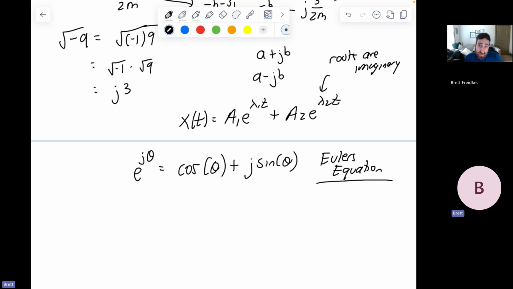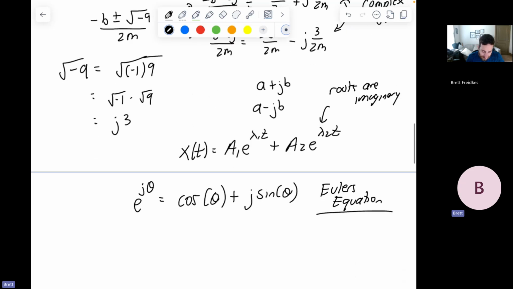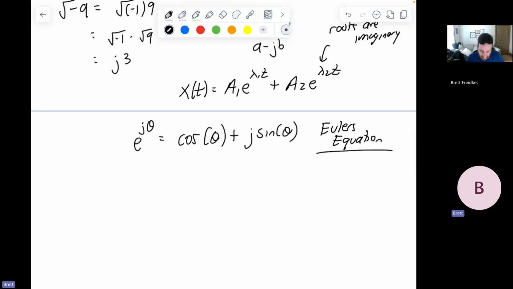So what this means is, if you have a system with a negative discriminant, that ends up resulting mathematically in an exponential with imaginary numbers in it. And if you ever have an imaginary number in the exponential, this is hiding sines and cosines in it.